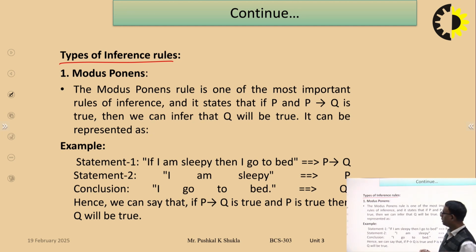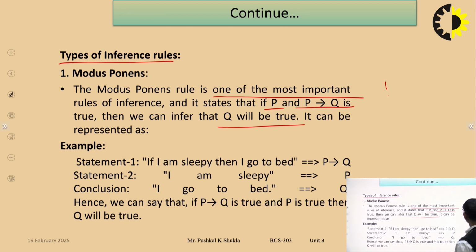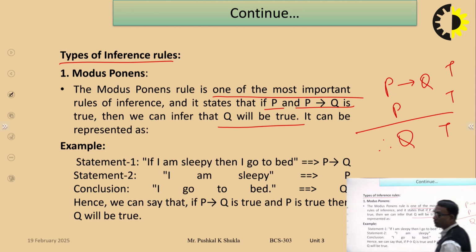Modus ponens is one of the most important rules of inference, and it states that if P and P imply Q are true, then Q will also be true. What does it say? If P imply Q and P is true, therefore Q is true. This law is known as modus ponens.